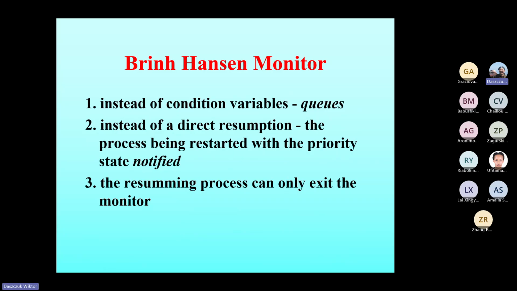It is just terminology. But we have no direct resumption in the Brinch Hansen monitor. So how to guarantee that the resumed process will get the critical section first? For this purpose, there is an additional state called notified.